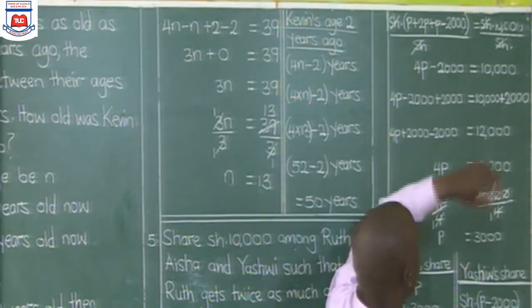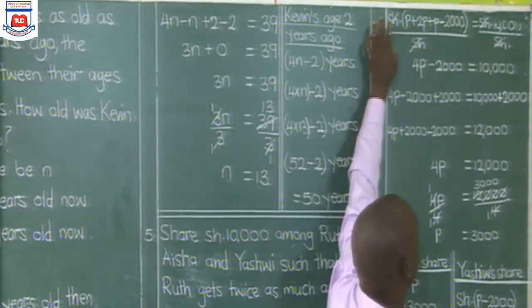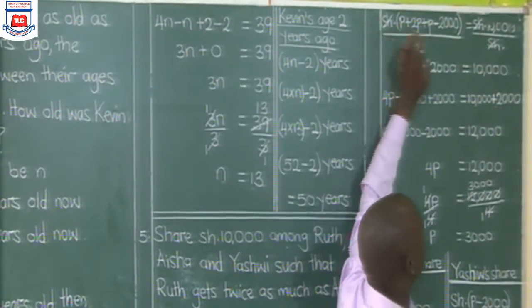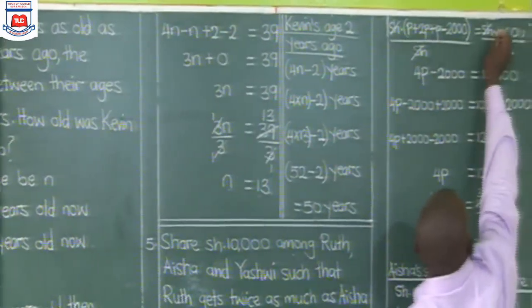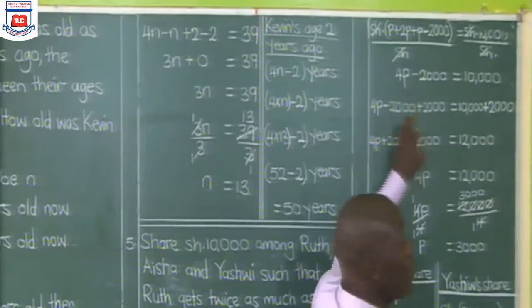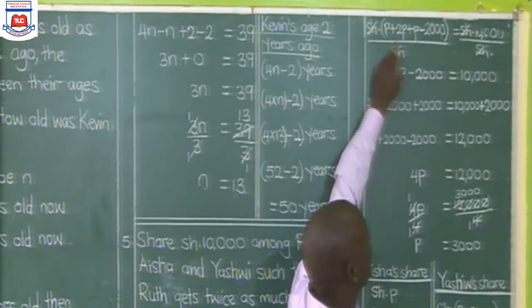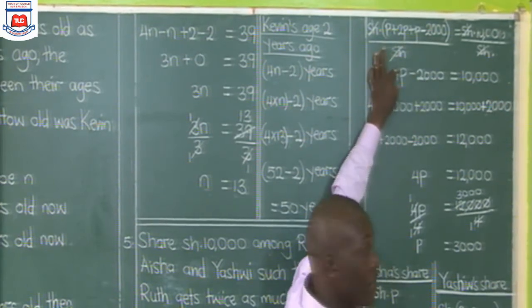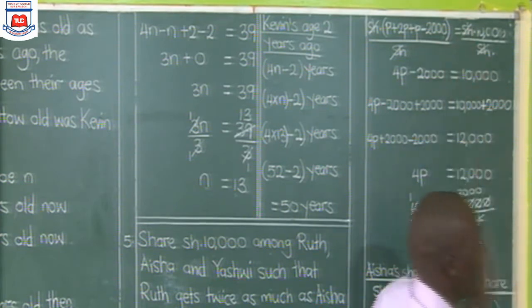You will find shillings and shillings are either side. So we eliminate the common thing. So divide either side by shillings. Thus remaining with simplified P, which is 4P. As a result of adding P, 2P, and P, you get 4P minus 2,000, which is equal to 10,000.